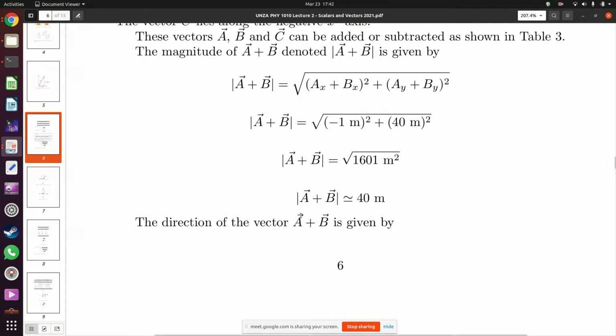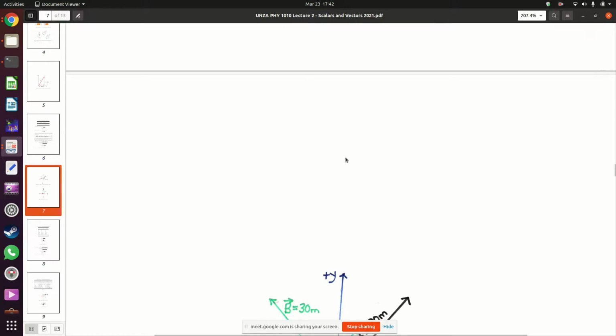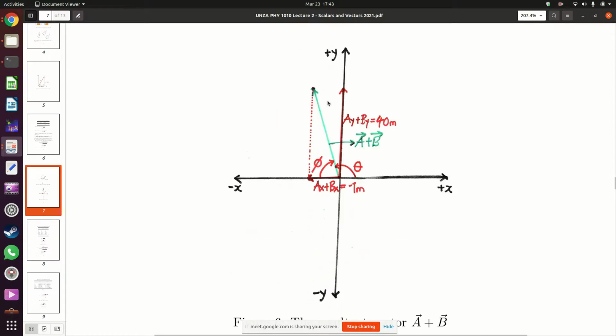The next step is you need to plot this ax plus bx on the xy plane and ay plus by. We know this one is minus 1 meters along the negative x-axis and 40 meters along the positive y-axis. So you plot them, and that's what we have here.